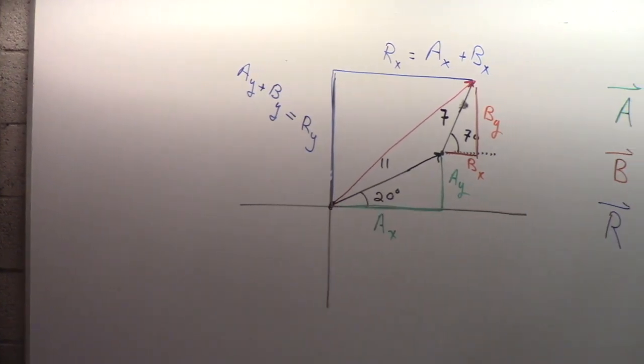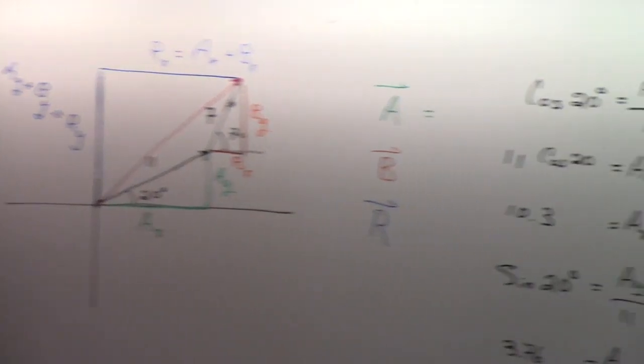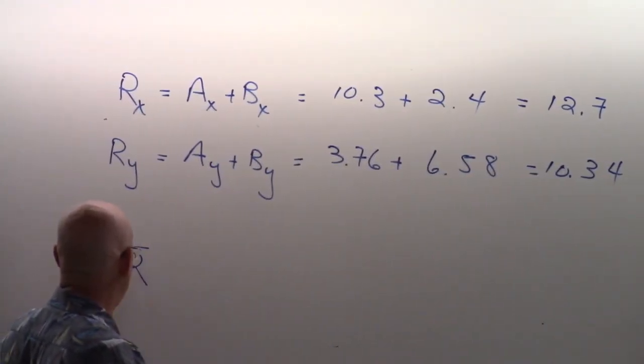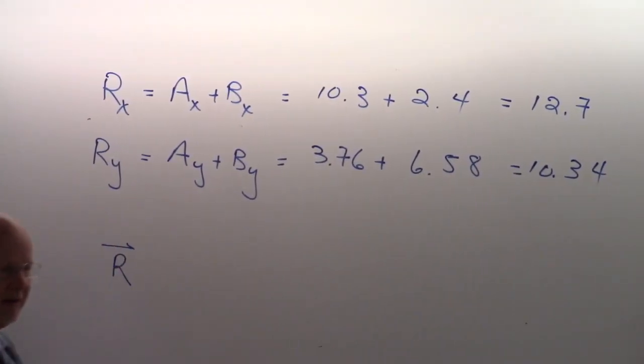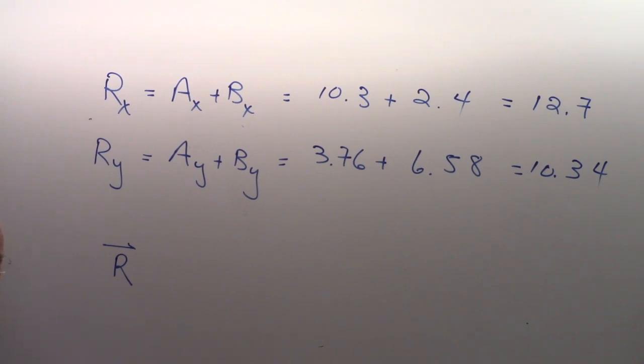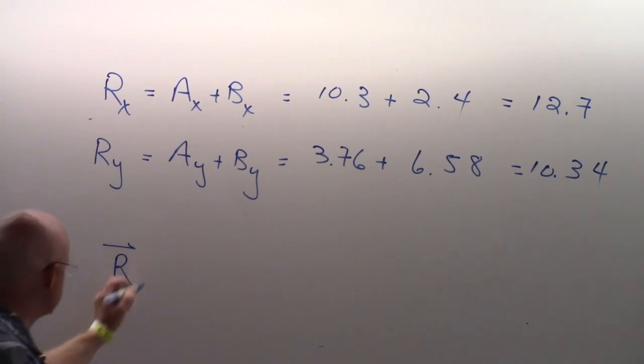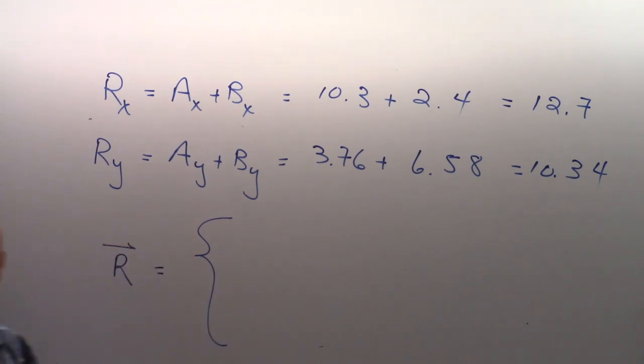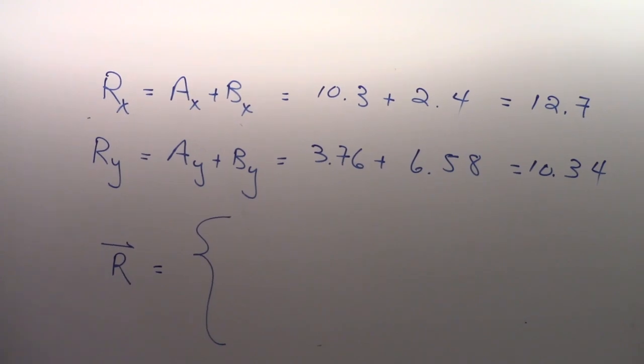So finally, can you tell me what our vector is? Because it's going to have a magnitude and a direction.